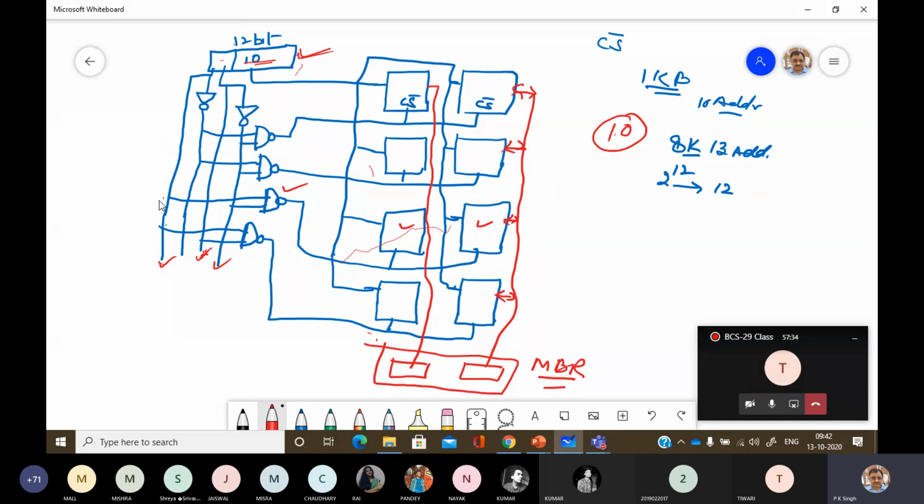It will wait for this operation: decoding the most significant bits, selecting the particular address of the corresponding chip, and then writing its content onto the internal data bus, through which it is transferred to the memory buffer register.